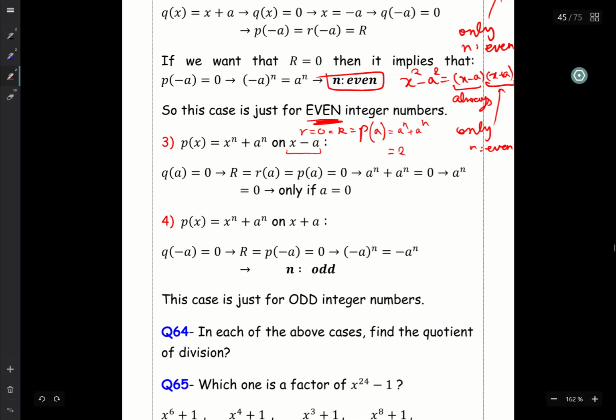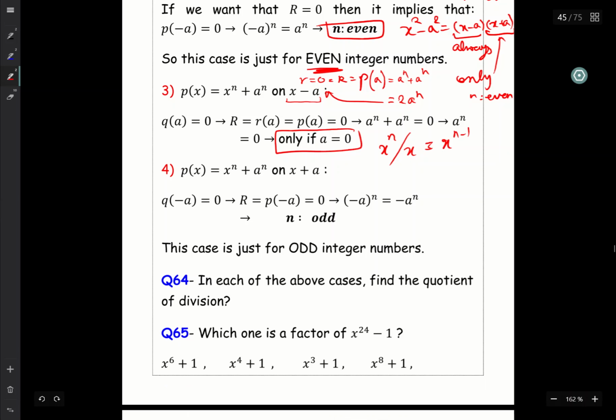Which is 2a^n, and this is only 0 when a is 0. And it's obvious: if I divide x^n by x, the remainder is always 0, because x divides x^n. How about x^n plus a^n divided by x plus a? What is the remainder?